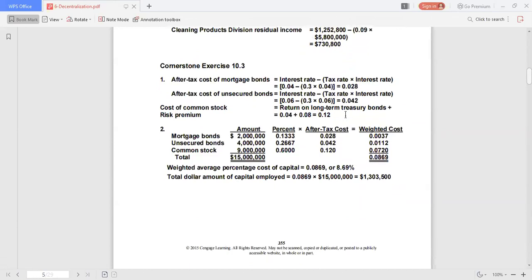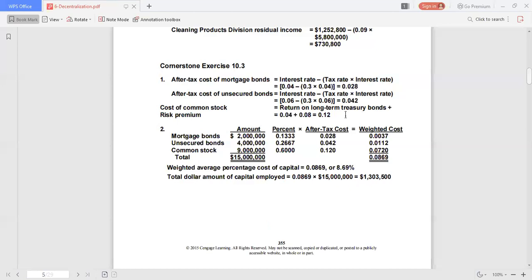Now we go to problem exercise 6.3, calculating weighted average cost of capital and economic value added. Ignatius Incorporated had after-tax operating income last year, that's already after tax, of 1,196,500.